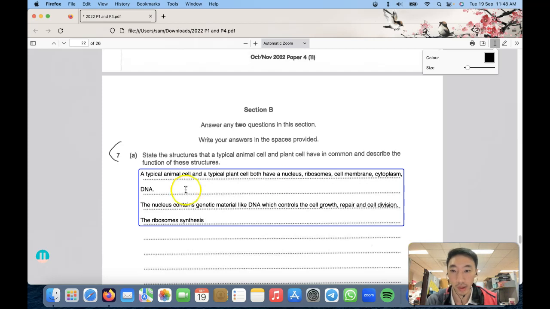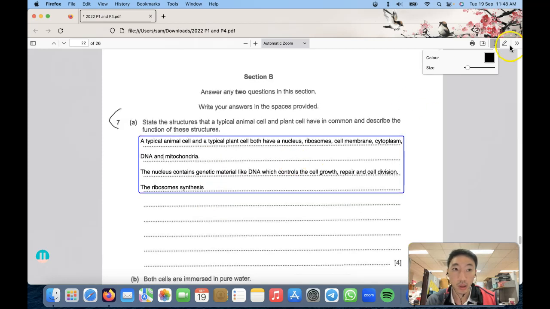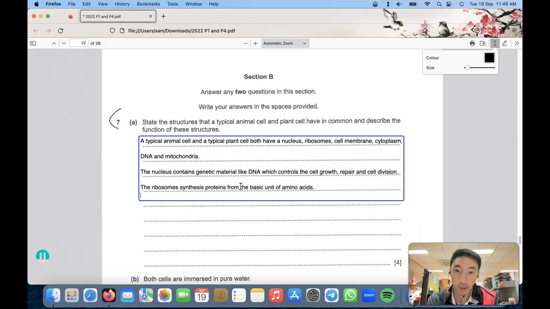I forgot one thing. No wonder I keep thinking. Mitochondria. The ribosome synthesises proteins from the basic unit of amino acids.